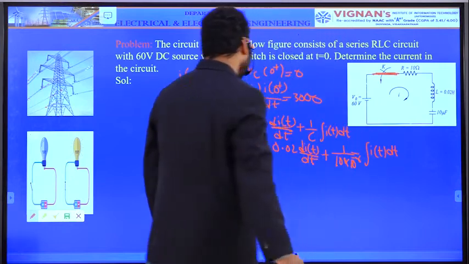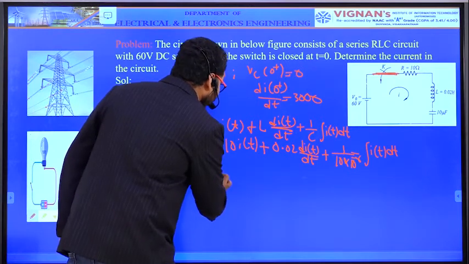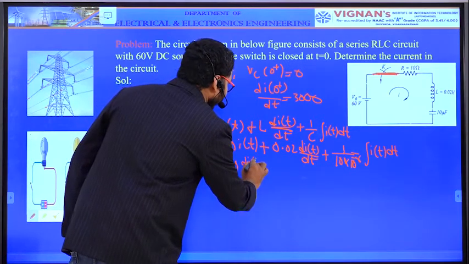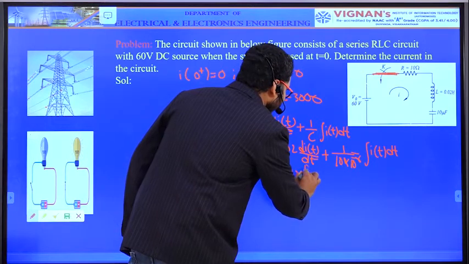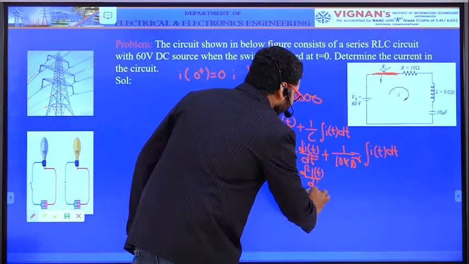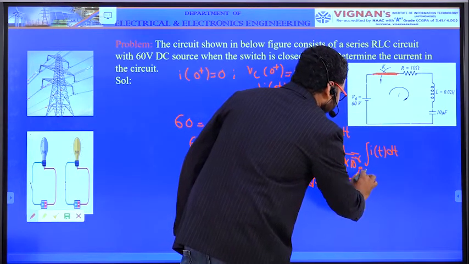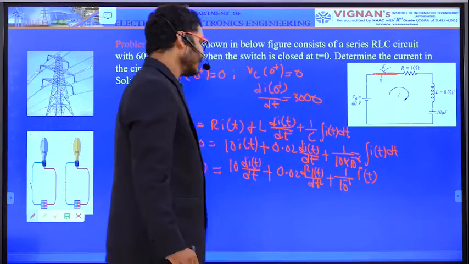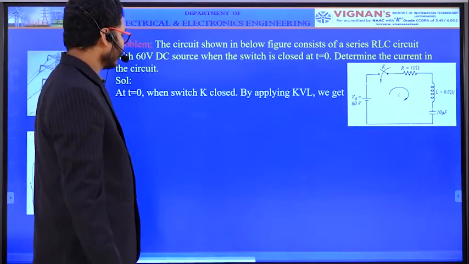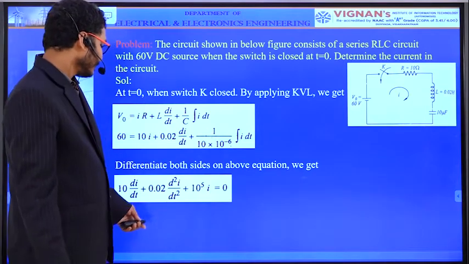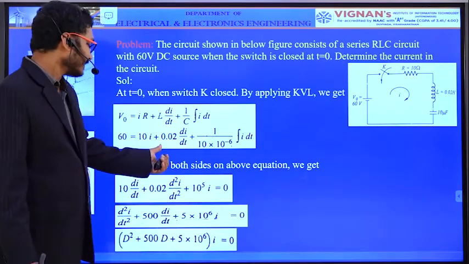Now if you differentiate both sides, the left side is 0, and you get 10 di/dt plus 0.02 d square I/dt square plus 1 by 10 to the power of minus 5 times I(t).